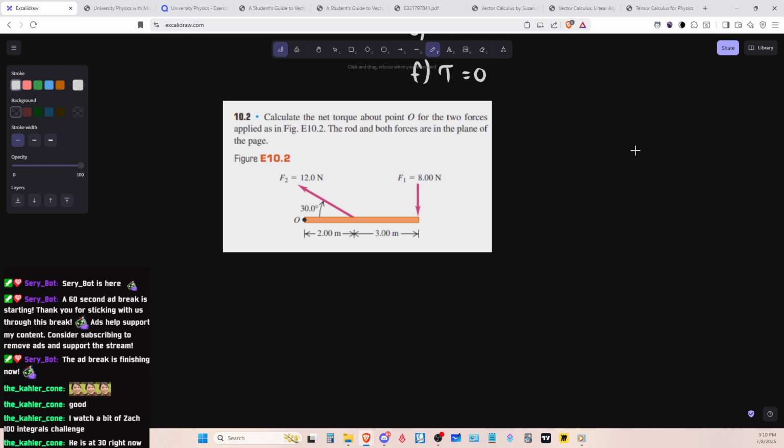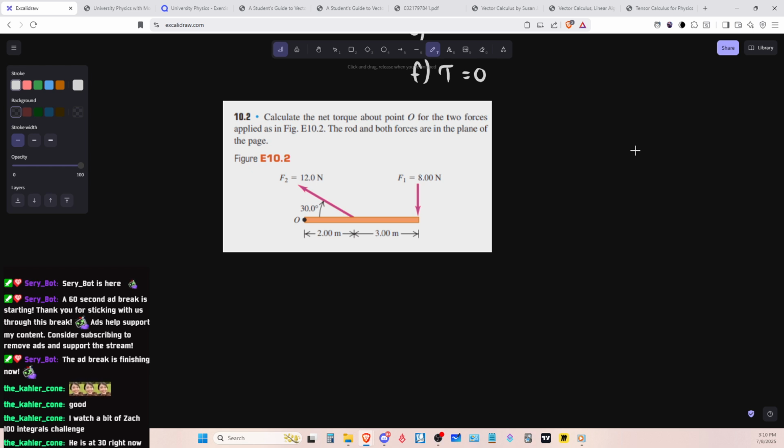Okay, so calculate the net torque about the point O for the two forces applied as in the figure. The rod and both forces are in the plane of the page.